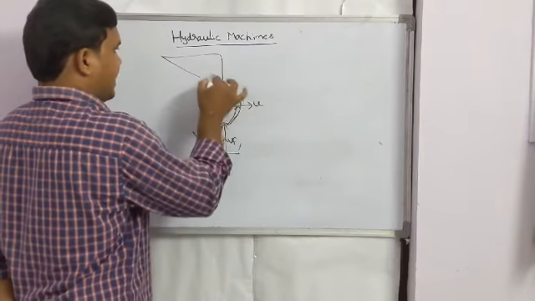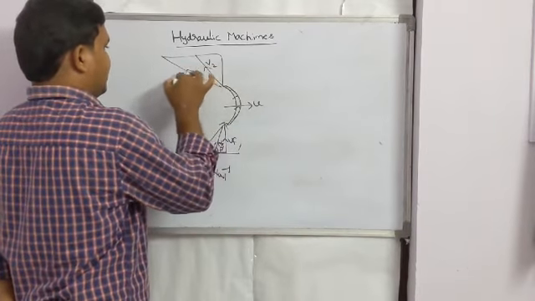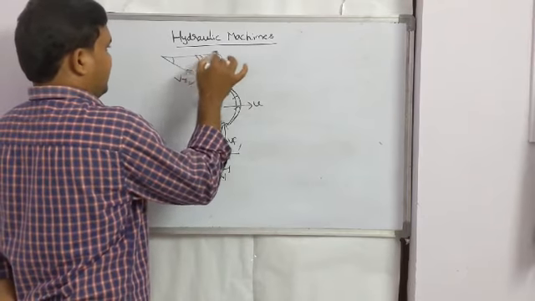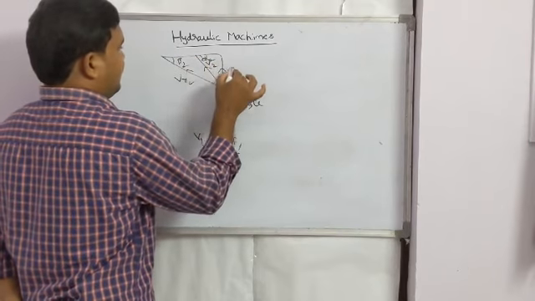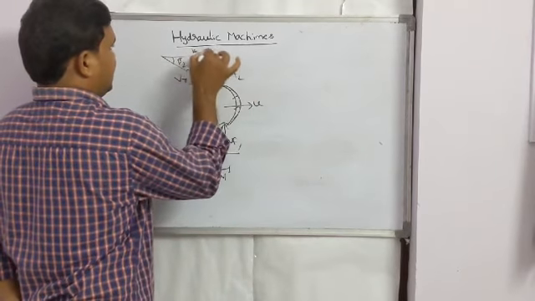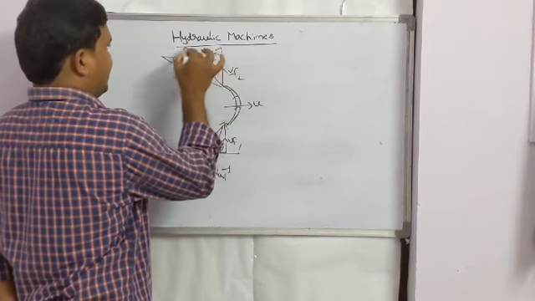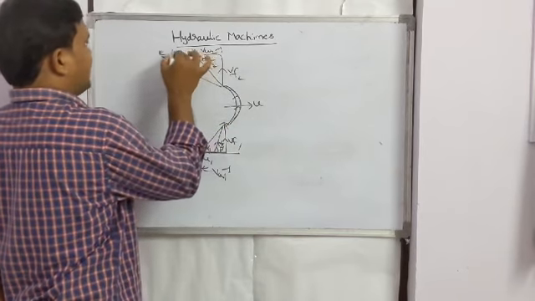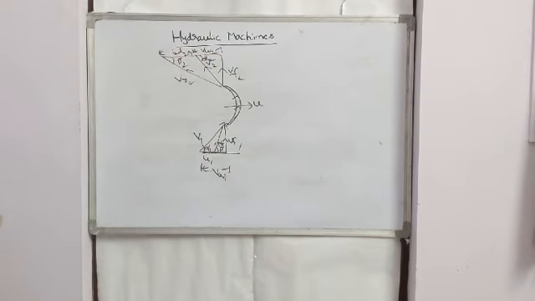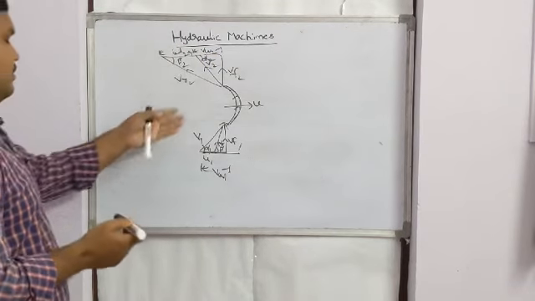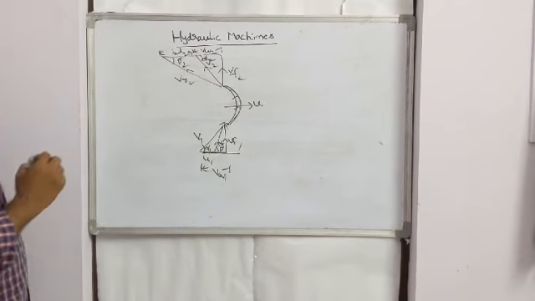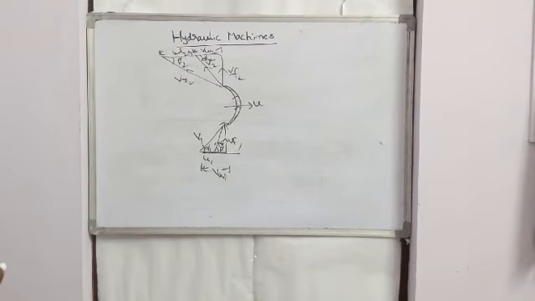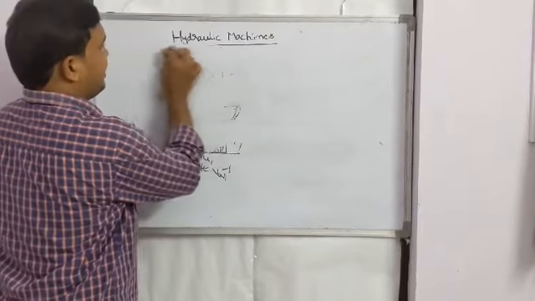Again, this is the outlet triangle: this is V2, the relative velocity VR2, this is alpha 2, this is the blade angle beta 2, this is the flow velocity VF2, this is the tangential velocity VW2, this is U2. All these we learned in impact of jets and vanes. This is a generalized velocity triangle for any hydraulic machine, whether a turbine or a pump. How the velocity triangle changes in pumps, we will see in the pumps chapter.